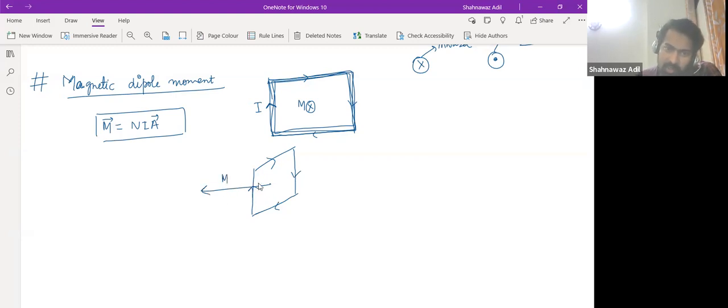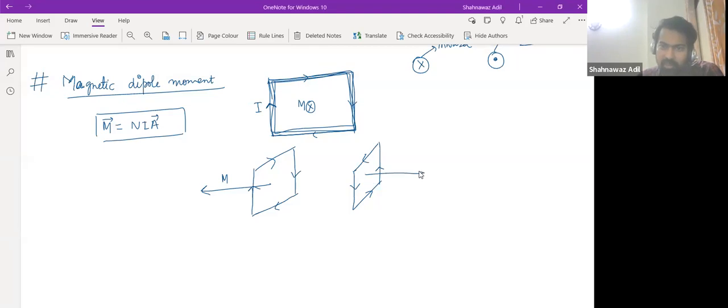If the current is going like this, it should be right, and if it is going like this, it should be left, right? So from the right hand thumb rule, we can get the direction. Okay, so this is the direction of the magnetic dipole.